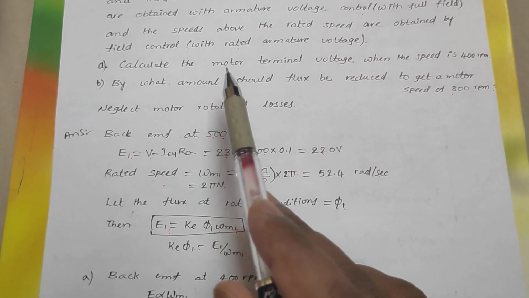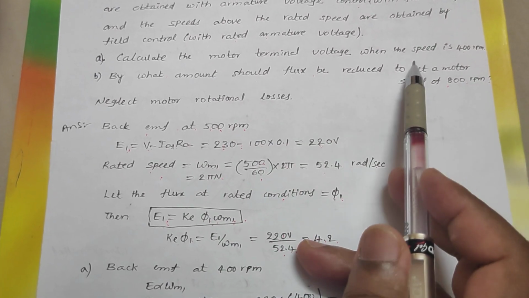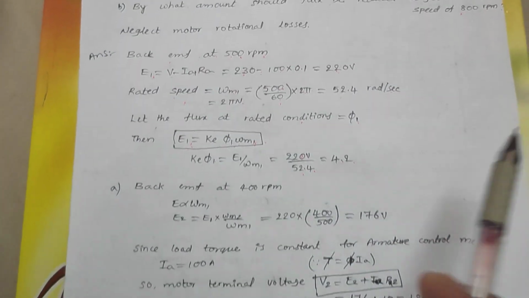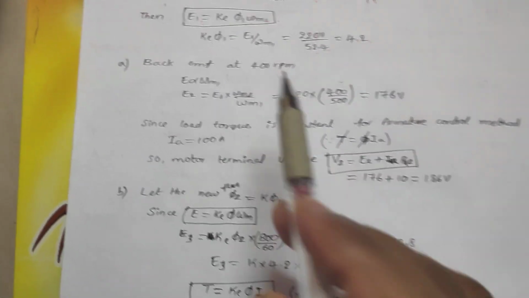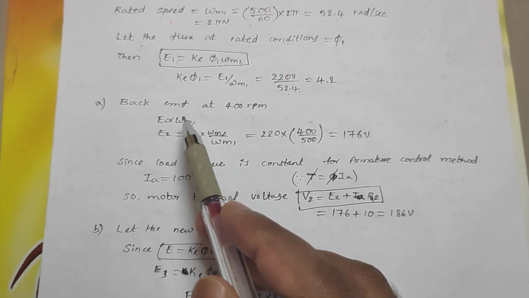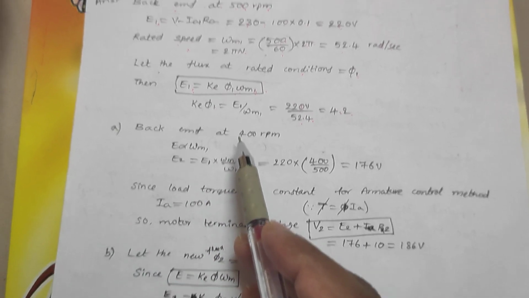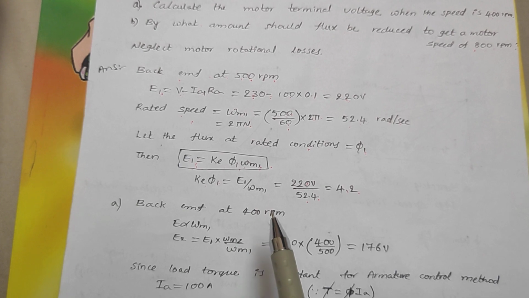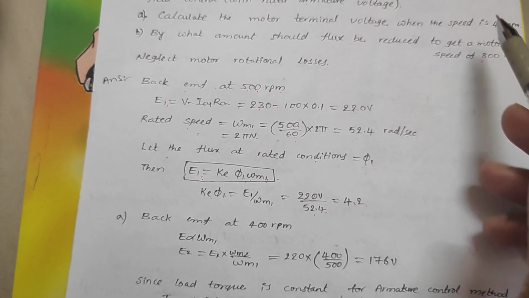So what is the first question? The first question is calculate the motor terminal voltage when the speed is 400 rpm. If you want to calculate the motor terminal voltage, first you calculate the back EMF corresponding to the reduced speed of 400 rpm.